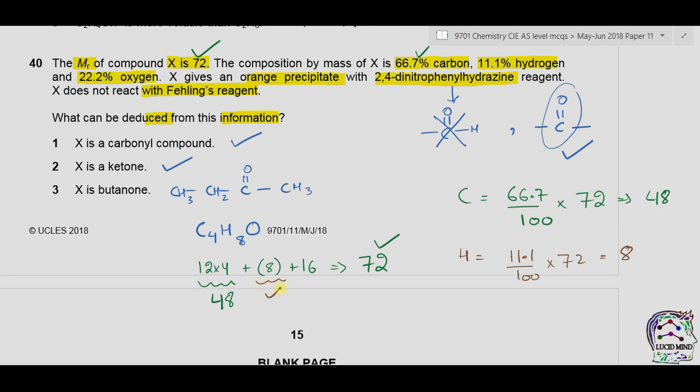This is also true. Third is oxygen. For oxygen, the percentage given is 22.2%. It comes equal to approximately 16. So 3 is also correct. As all 3 options are correct, the answer is therefore A.